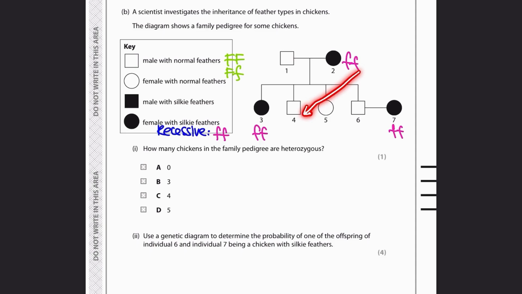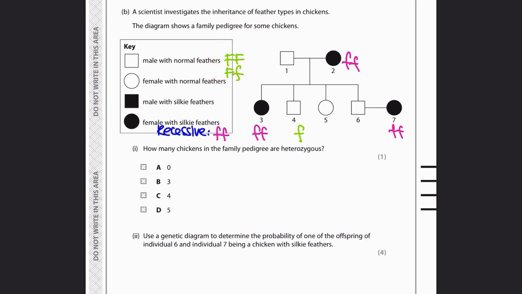So 4 must have gotten a small f from his mother, and then the other one must have come from his father. So his father has also got to be either big F small f or big F, big F, right? So which one is it?